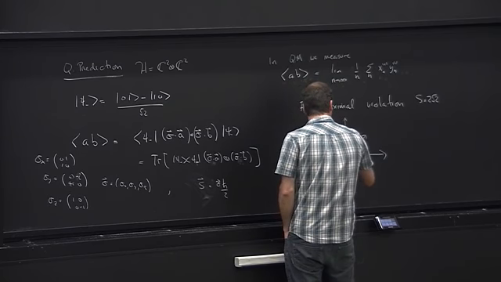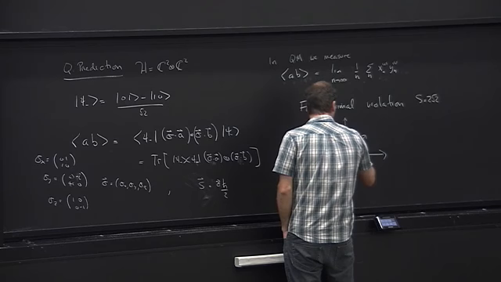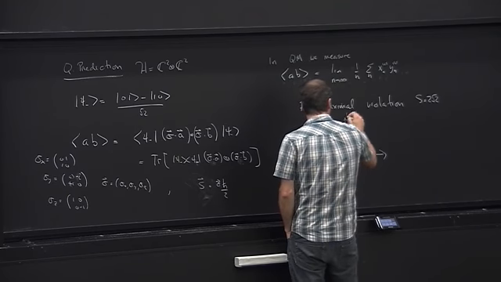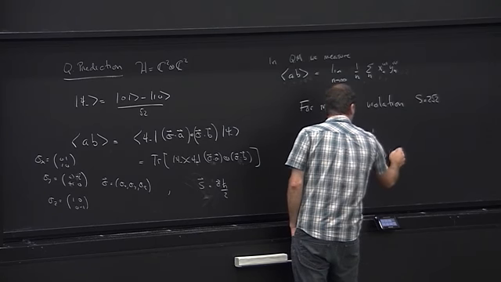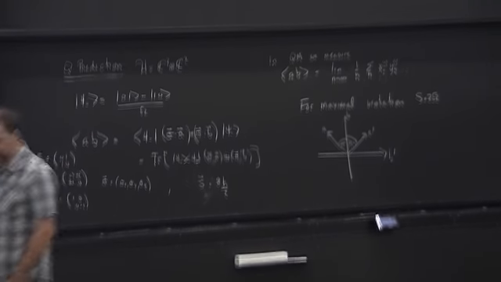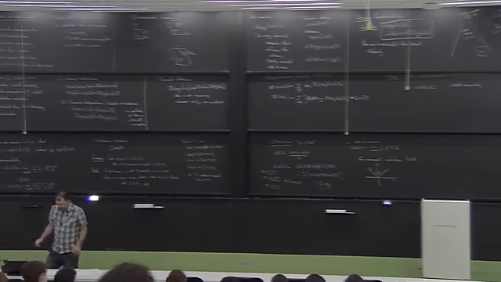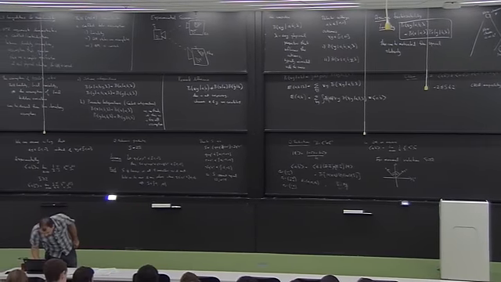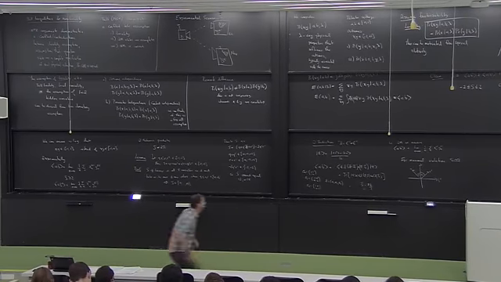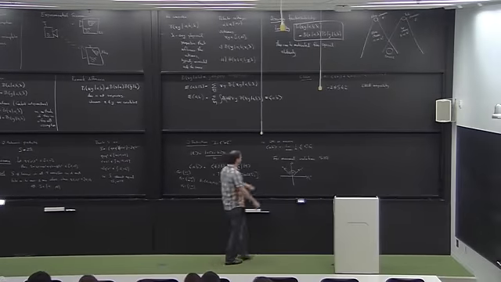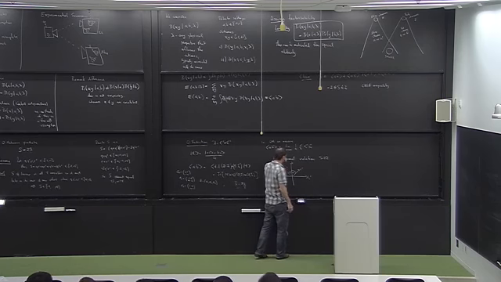So this is 45 degrees, and this is also 45 degrees. It's A, B, A prime. Let me just make sure I got the labels right. B, A, B prime, A prime. Sorry. Yeah, that's fine.